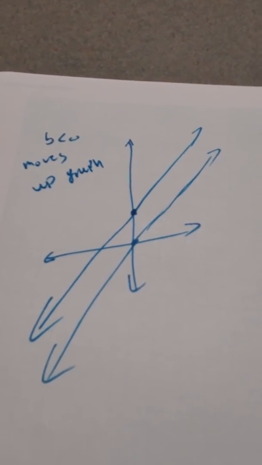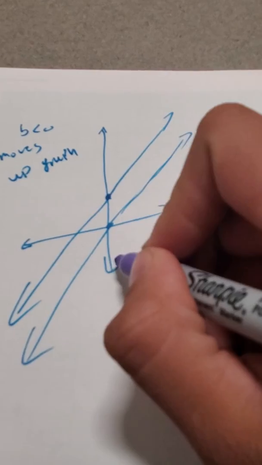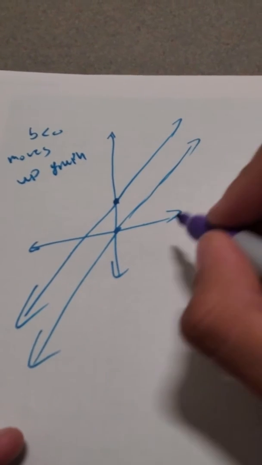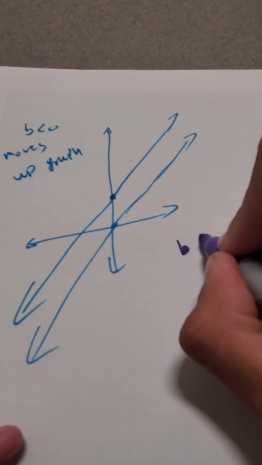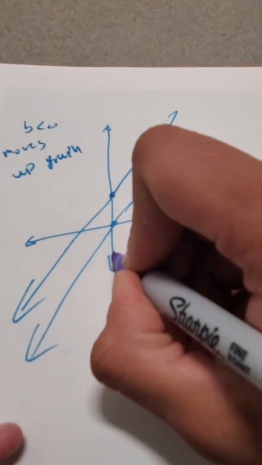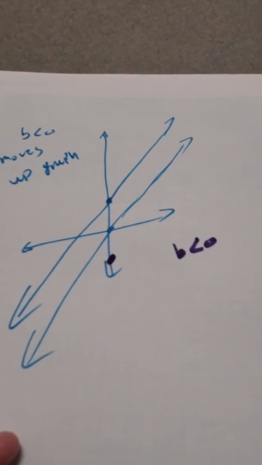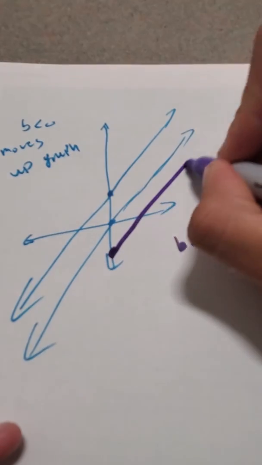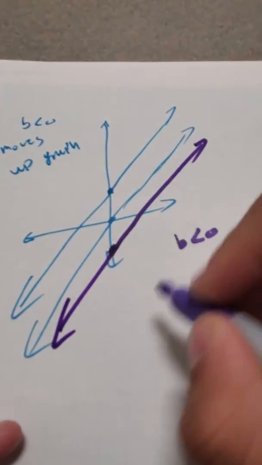Now, if the intercept is negative, if b is less than 0, it moves down, as you guys see.